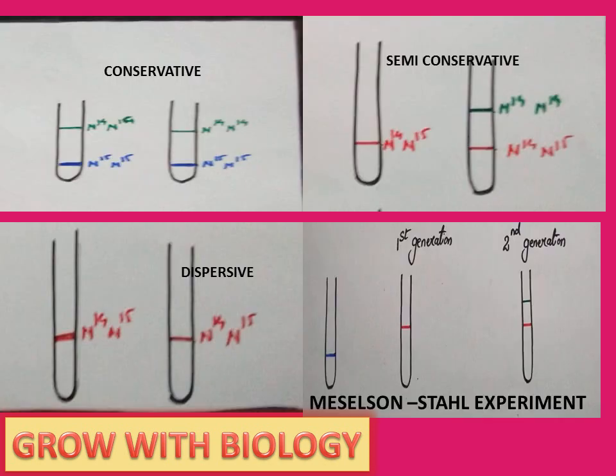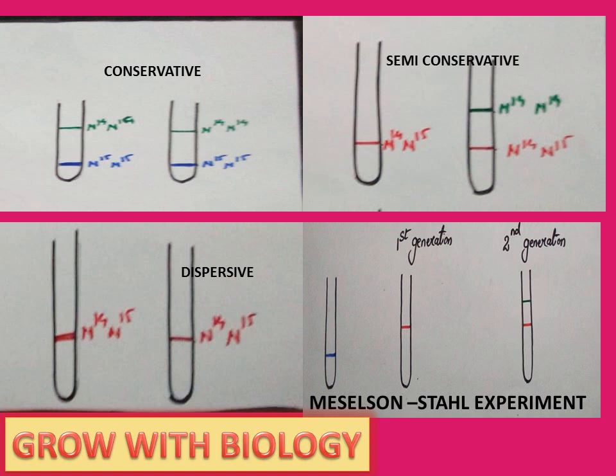If we compare all this with Meselson and Stahl's experiment, we see that the conservative mode in the first generation and second generation should have two bands in the exact locations. In dispersive there is only one density band, that is a combination of 14 and 15.